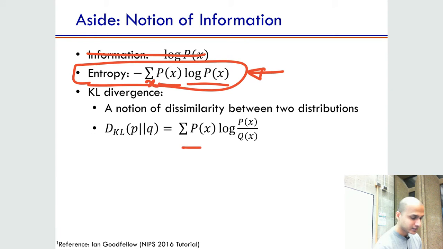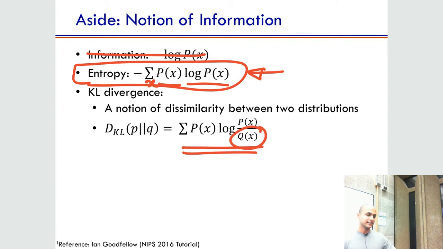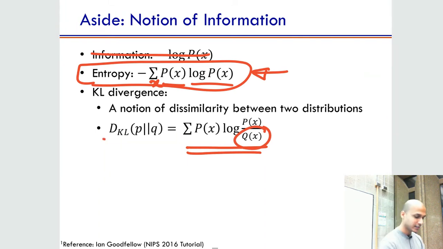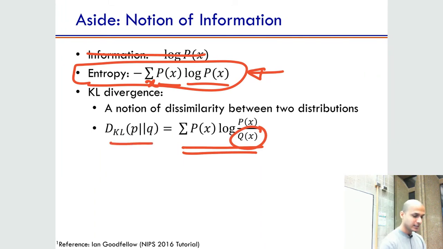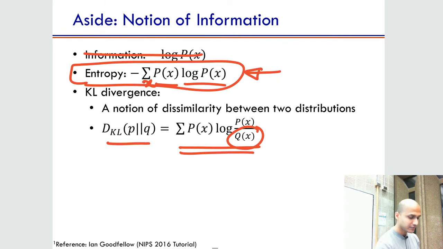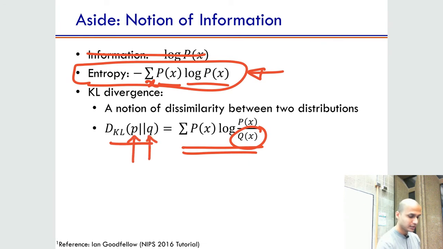Very related, just very similar. There's no minus sign here, except there's a denominator which is q of x. This is called KL divergence. It's written this way, and there are many other ways to write the same notation, but it's basically a function of two distributions, two probability mass functions. It's basically the same as entropy, a sum over little x.